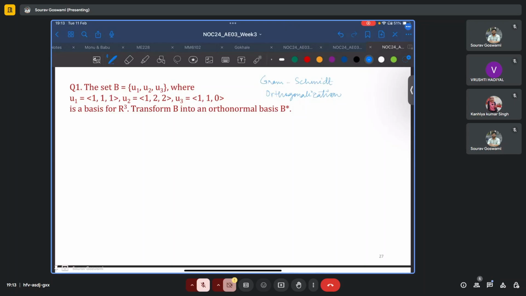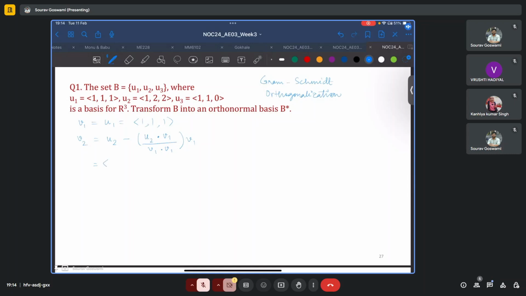Now, as we know, we leave the first basis unchanged, that is V1 is same as U1, so it's 1, 1, 1. The second basis vector V2 is equal to U2 minus the projection of U2 on V1, which is in fact U2 dot V1 by V1 dot V1 times V1, and let us solve this out.